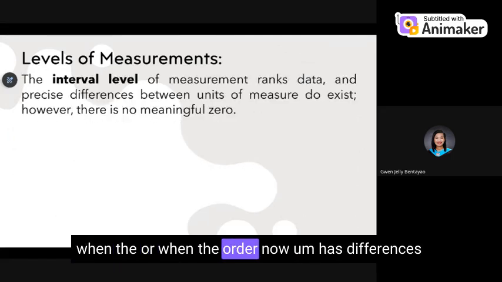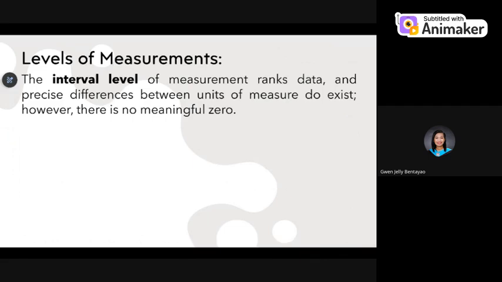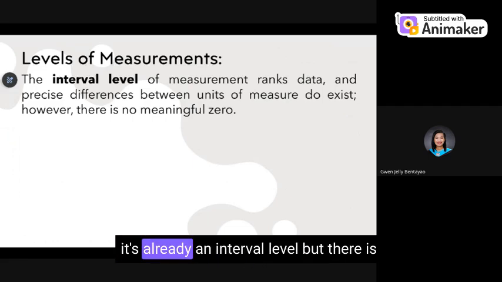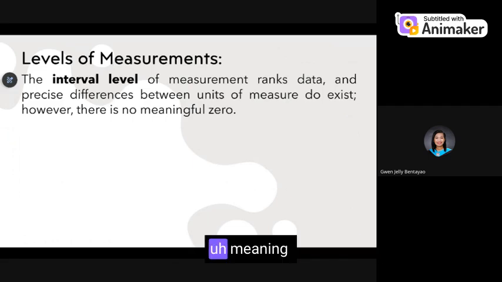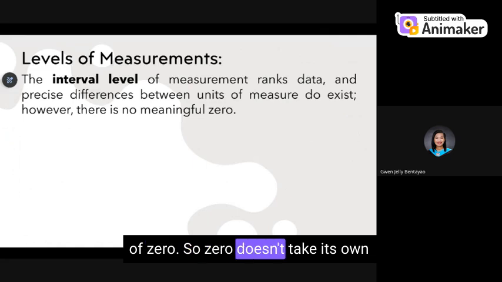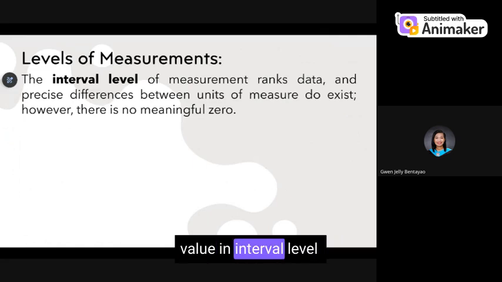When the order now has differences between the units, then it's already an interval level. But there is no meaning of zero. So zero doesn't take its own value in the interval level.